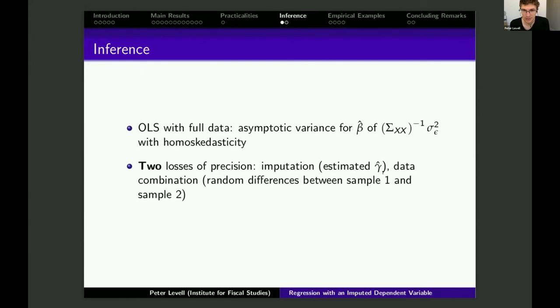The first arises because you're using an estimated value of gamma, the first stage coefficient, to impute y. The second loss of precision arises because you're combining two data sets and there might be random differences between the first and the second samples.